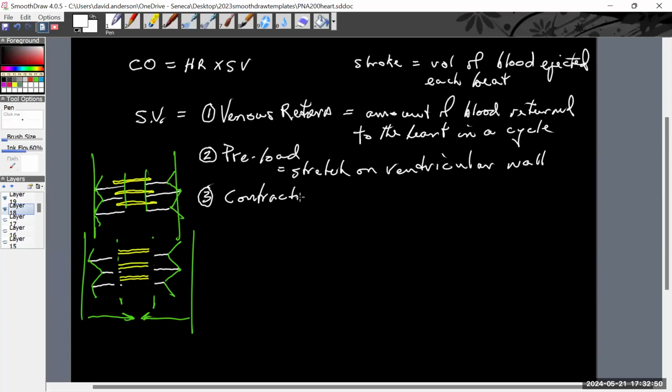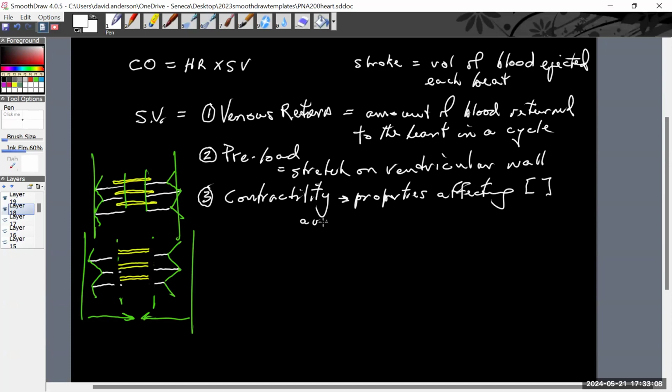So another factor that affects stroke volume is contractility. These are the properties affecting contraction.